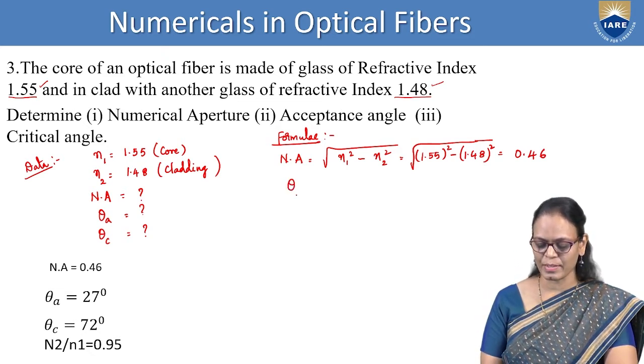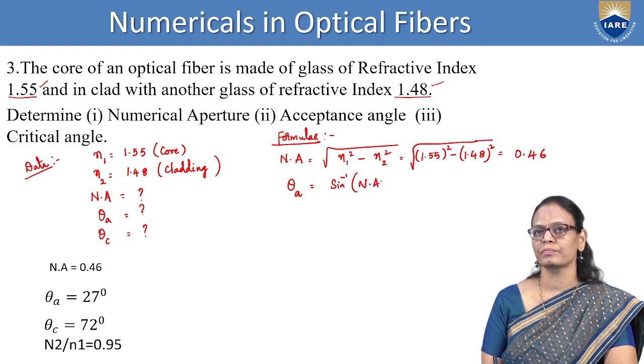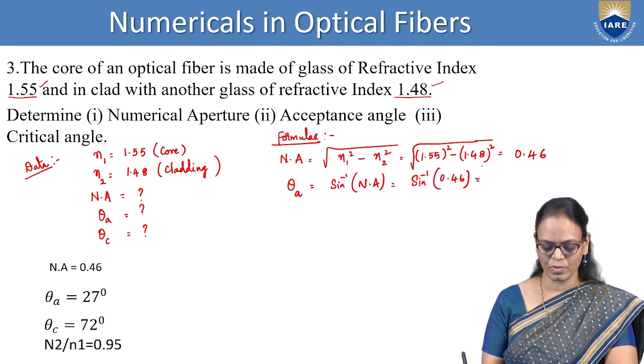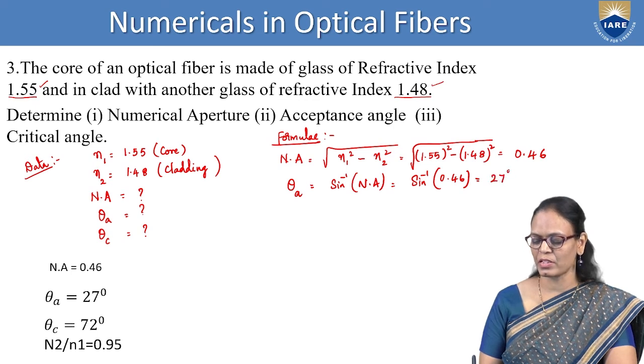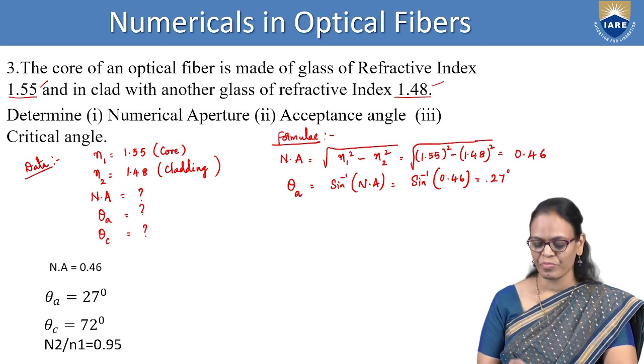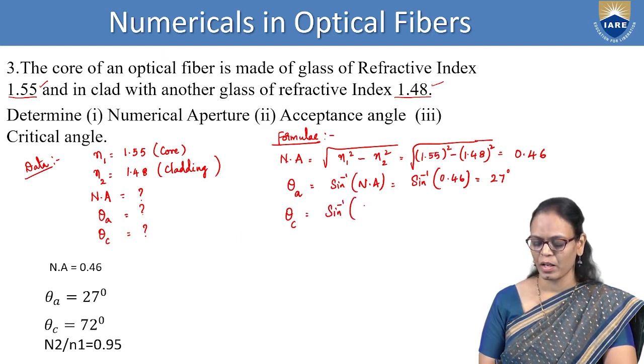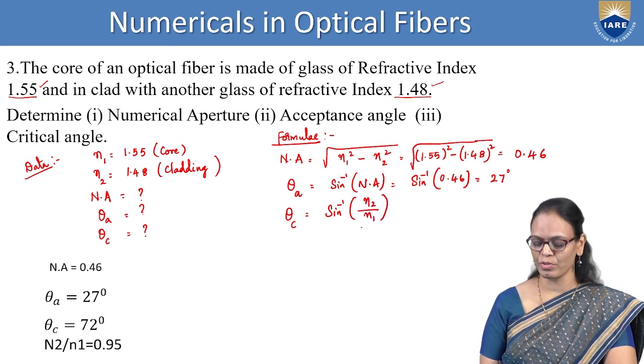And then comes the acceptance angle. Theta A is sine inverse of NA. So it is sine inverse of 0.46. So that will be 27 degree. The acceptance angle is 27 degree. Then the last one is the critical angle. Critical angle is given by sine inverse of N2 by N1.